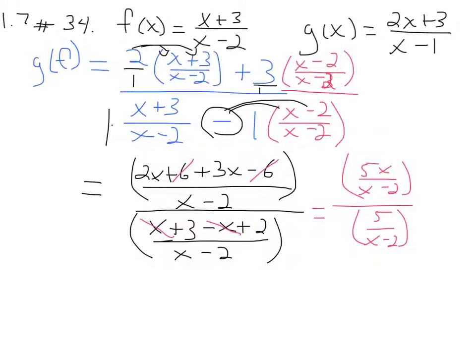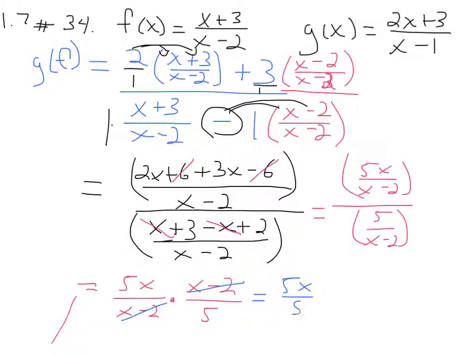Now we do our trick where we reciprocate and multiply the bottom. So we're going to get a 5x over x minus 2 times x minus 2 over 5. Now we have multiplication, which means that if we have one thing on the top of one fraction and the bottom of the other, they will cancel out, leaving us with a 5x over 5.